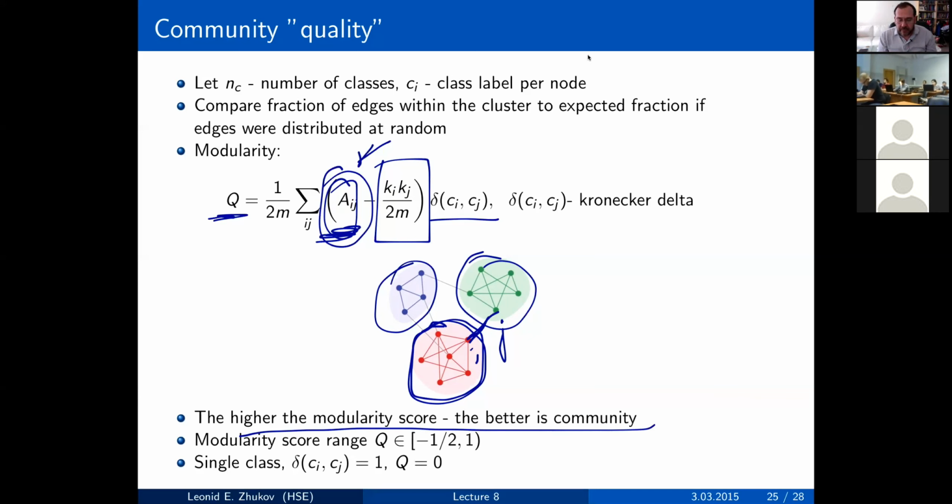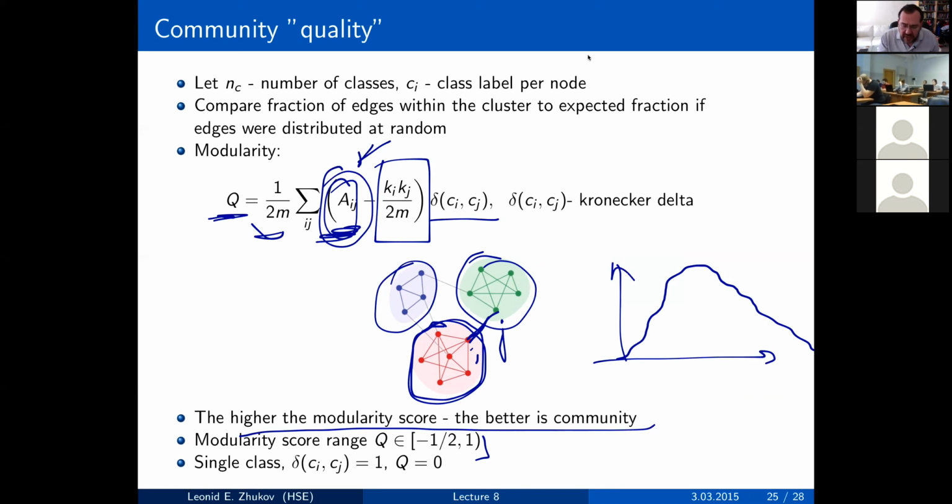Now, because it is normalized, it's within the range from -1/2 to 1. It's a little bit of a weird range, but that's the way it's defined. If we have a single class, it's actually going to be 0. And so we can think of this modularity as starting from 0 and then growing, and then when we're overcutting into pieces, it will decrease.